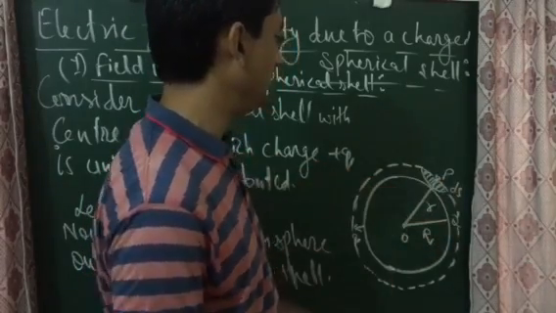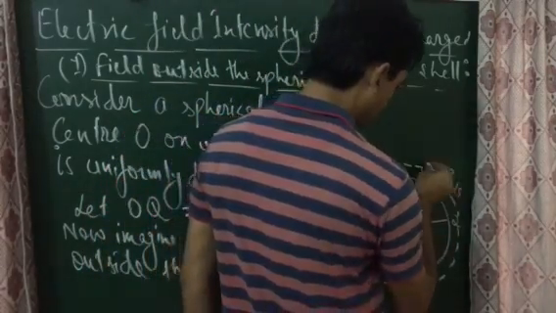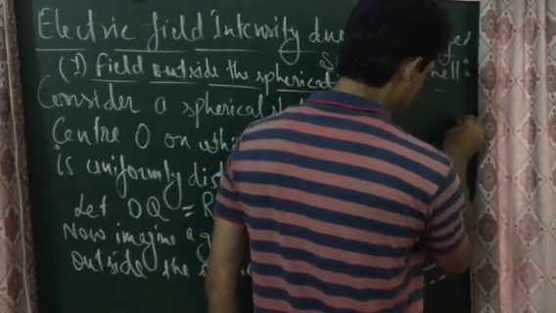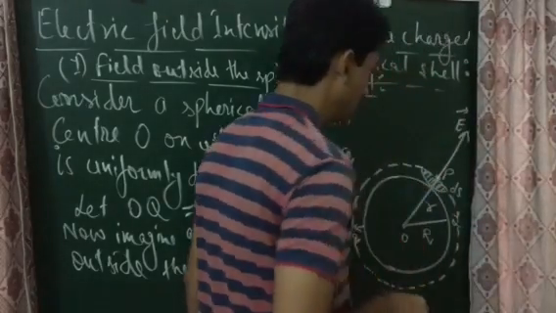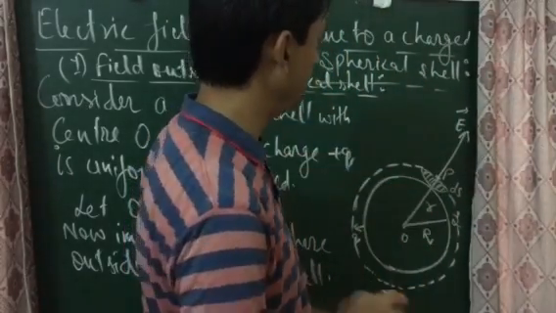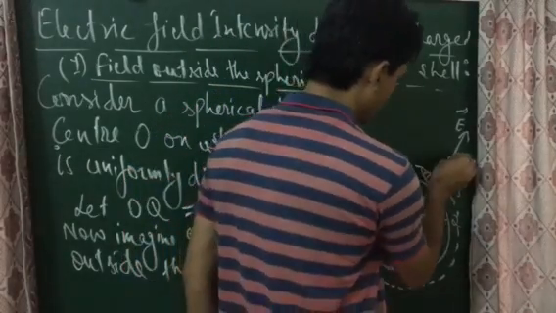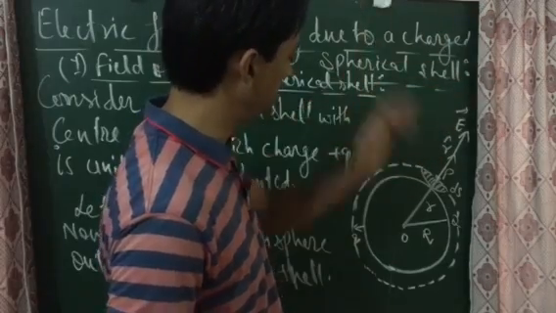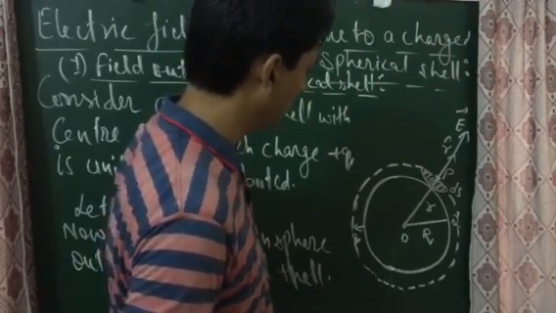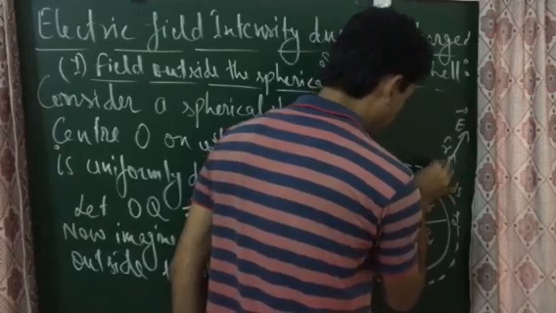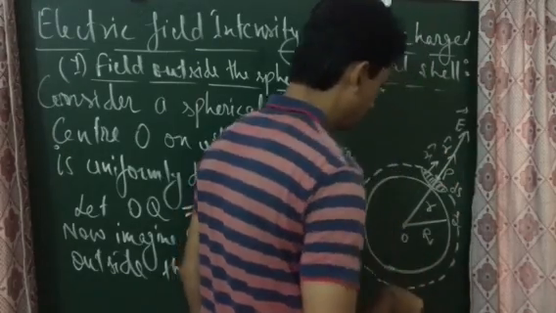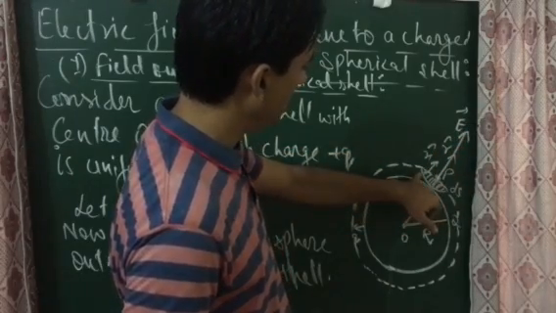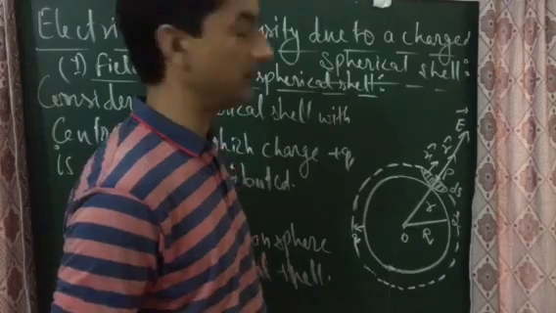Let it be ds, and electric field at this point P be along this direction and let it be E. So this unit vector r cap is in the direction of this electric field. Also n cap is the unit vector which is also parallel to the direction of electric field and it is normal to the area element ds.